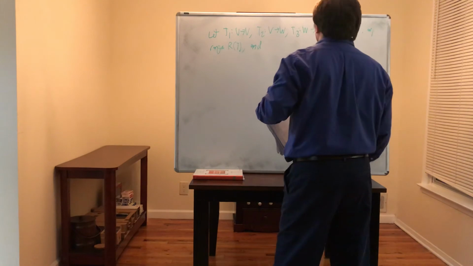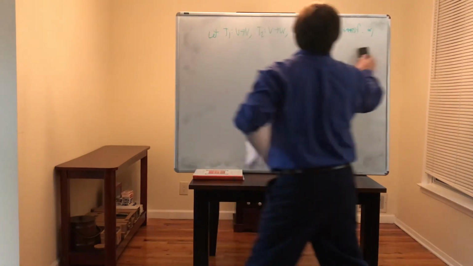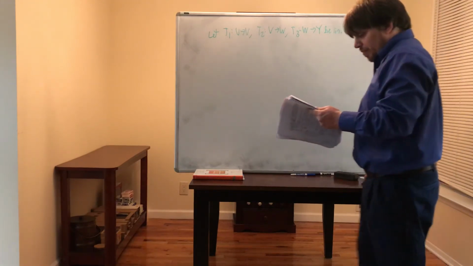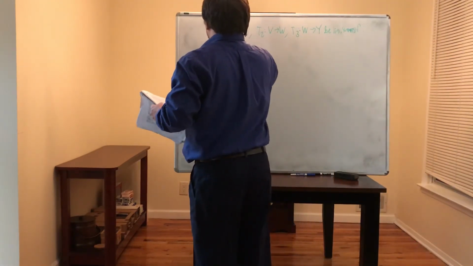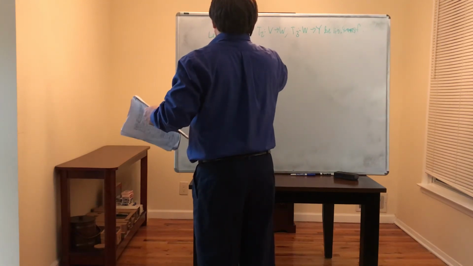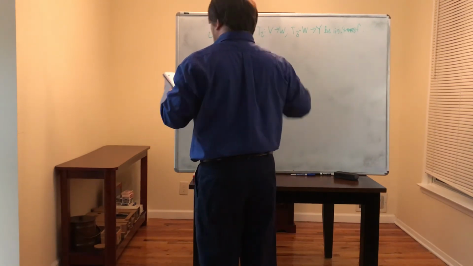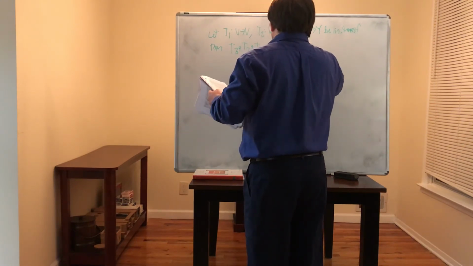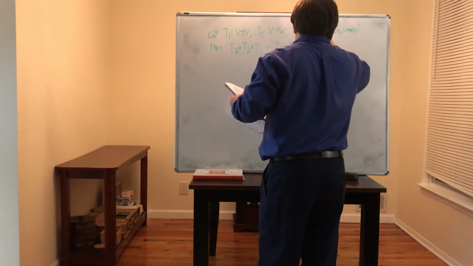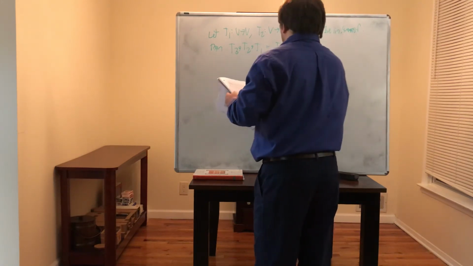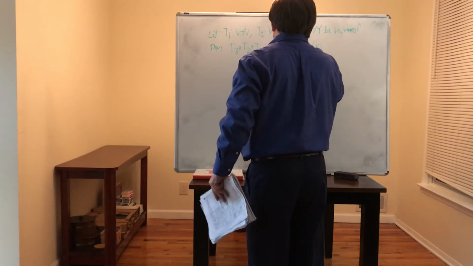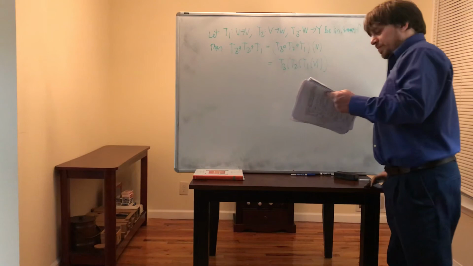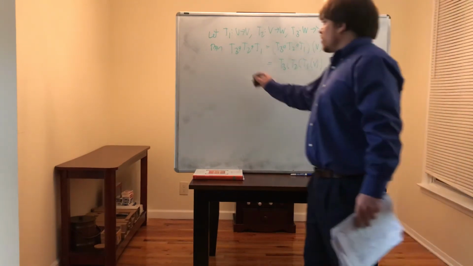Sorry, I just forgot. Then T3 composed with T2 composed with T1 of V is equal to T3 of T2 of T1 of V. And that's statement 3.